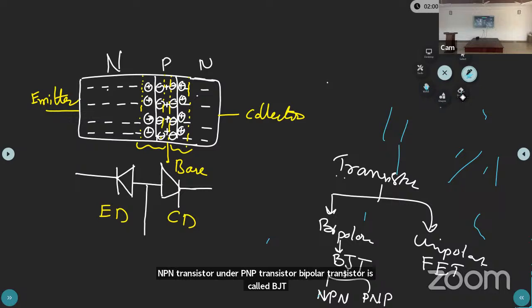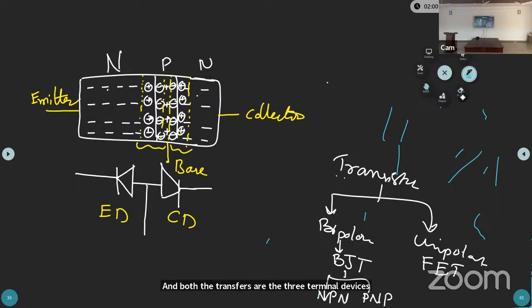Both transistors are 3-terminal devices. Both unipolar and bipolar are 3-terminal devices. The first one is the BJT. Again, the BJT is of two types, depending on the type of semiconductors we are using and arranging.